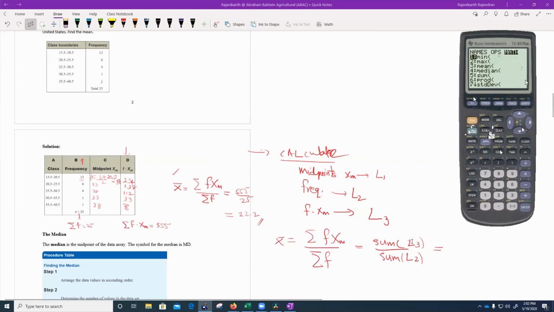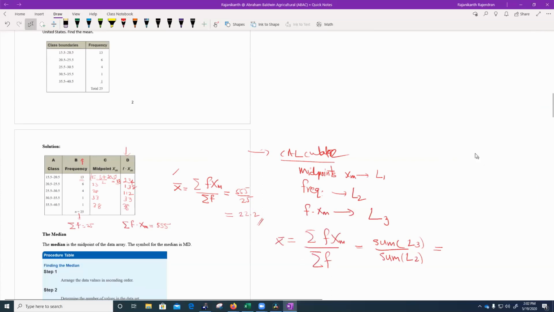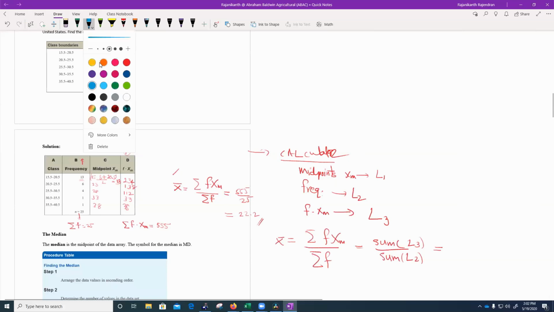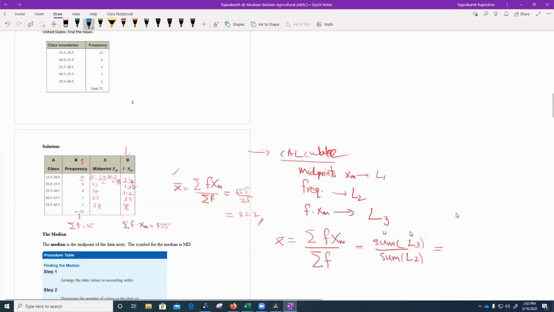So for your explanation, let me write down this step. Whatever I follow here, this is for your explanation. I just want you to understand. So I'm writing here: how do you get this? Sum L3. Go to the second button, right? Press with stat.